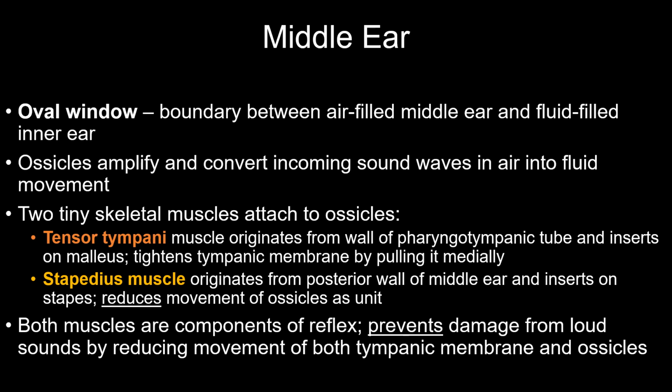And that's because these muscles work together to stop that excessive vibration of these auditory ossicles. And so they're sort of protective for these longer lasting sounds. They do not prevent damage from sudden short sounds like gunshots, but long-lasting, low-frequency sounds like a nearby train are what these muscles are crucial for.